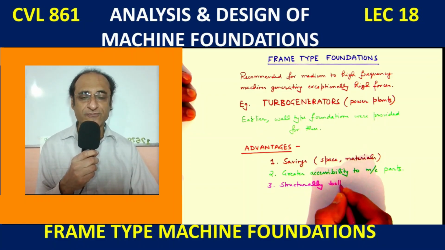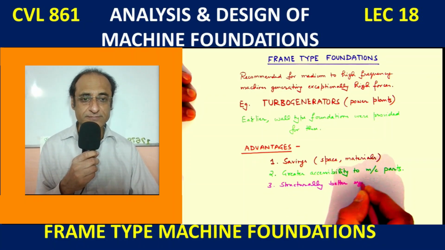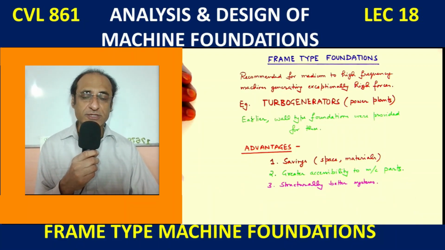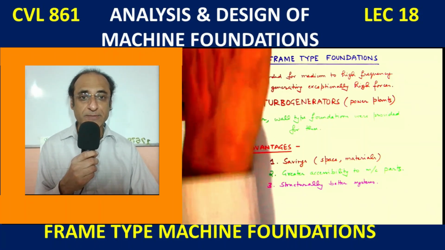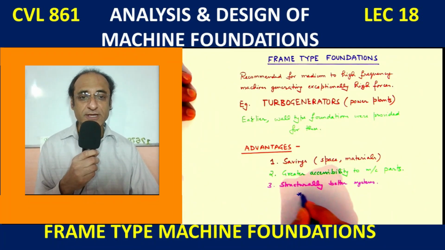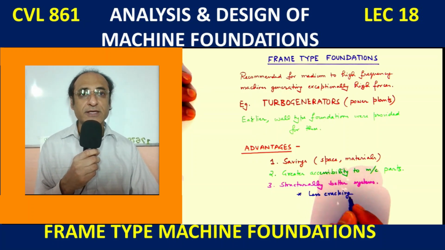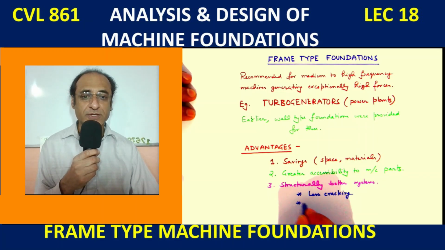So these kinds of advantages are there. And then they are structurally better, because this is a beam column frame type of system. So they are structurally predictable. Their behavior can be analyzed using the available methods.